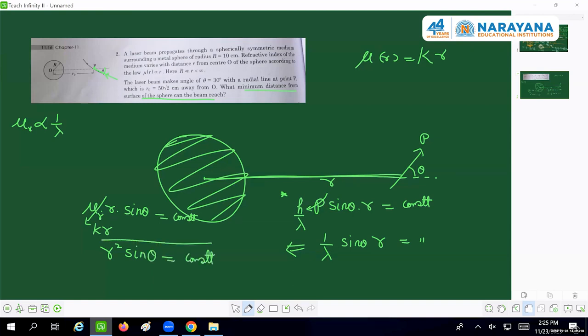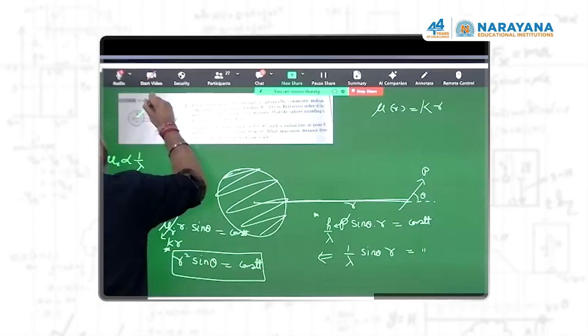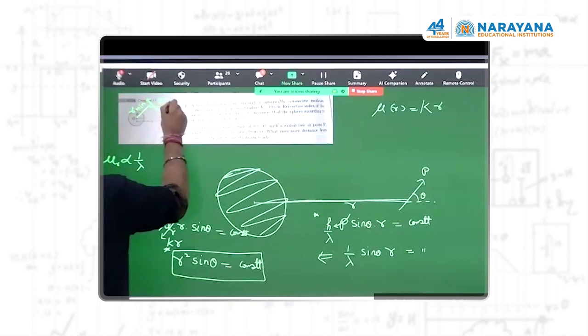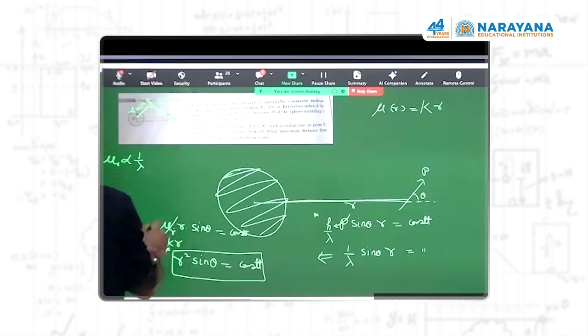And this equation should help me find out the minimum distance also. When the beam reaches the point where the distance is minimum, if I draw the tangent, this is r min for me, and theta at the r min location will be equal to 90 degrees.